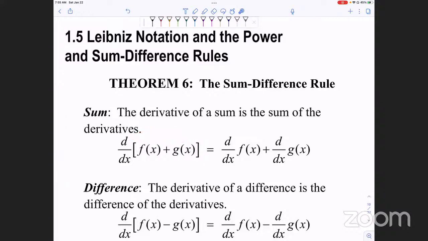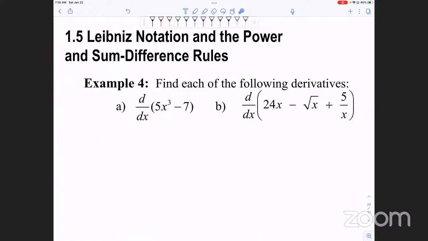The derivative of the difference is the difference of the derivatives. We've gone through several shortcuts. The limit definition of the difference quotient for the derivative, these shortcuts just bypass all of that.